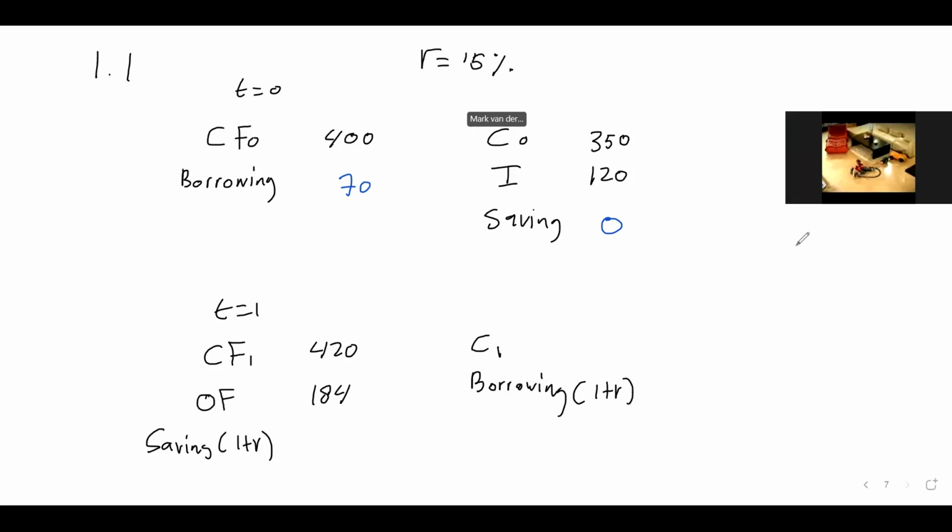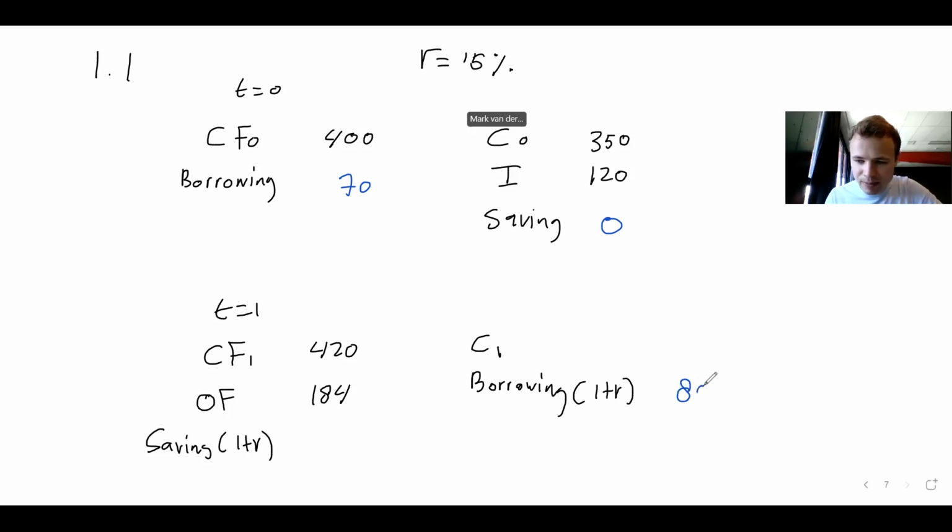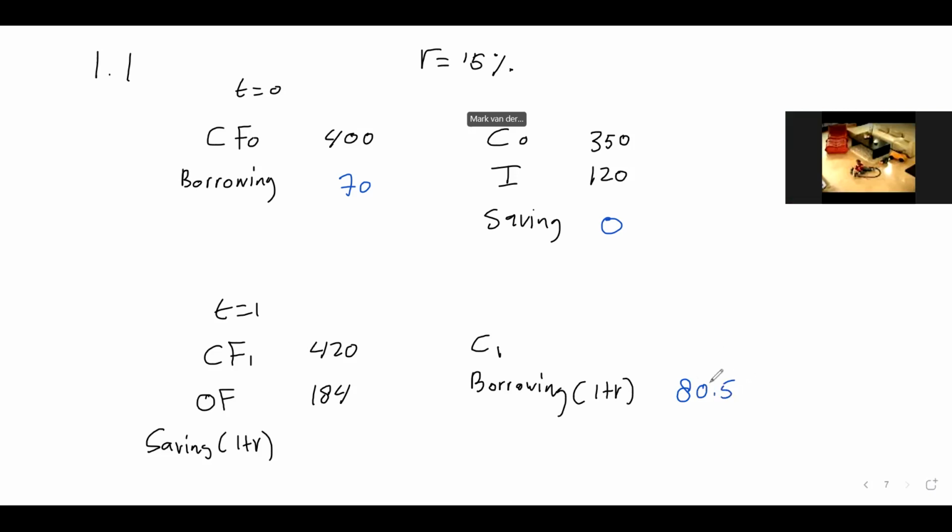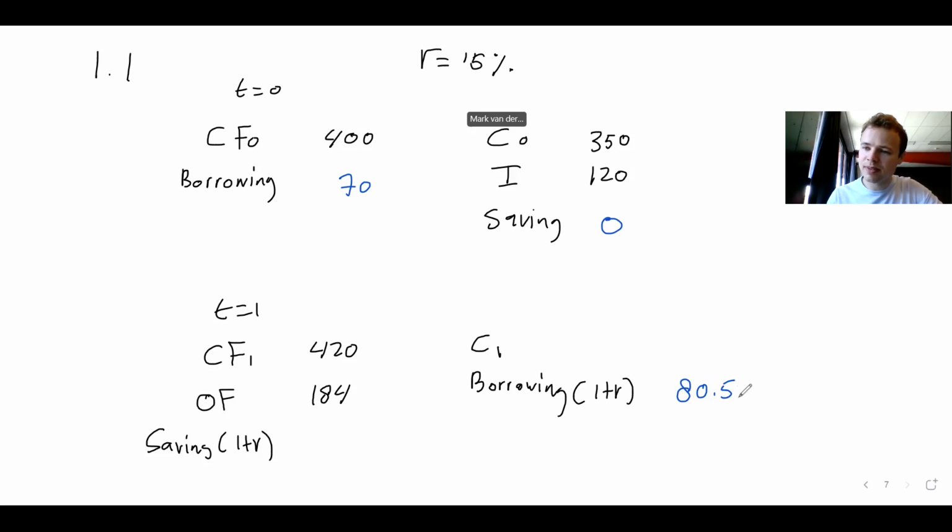Yes? 80.5. Very good. Is that clear for everyone? So we did 70 times 1 plus R. I didn't save, so do I have any savings here? No, right? So I put that to a 0.